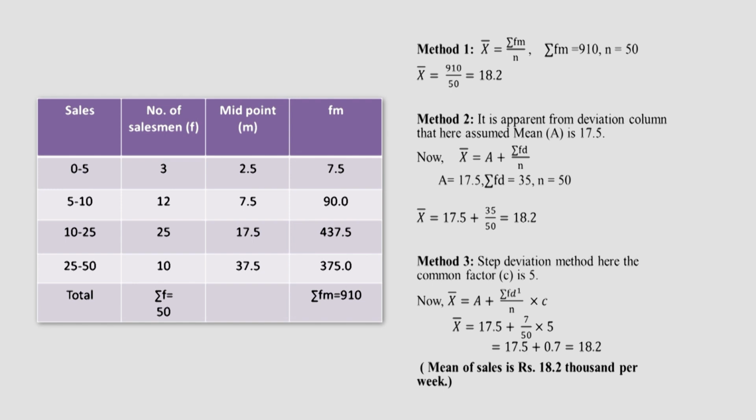Now since you have converted your x into m, the formula would be mean is equal to summation fm upon n. That means summation fm is 910 and n is 50. So when you divide 910 by 50, you get the value of 18.2, and in this case the mean value is 18.2. Alright. So this was the direct method.